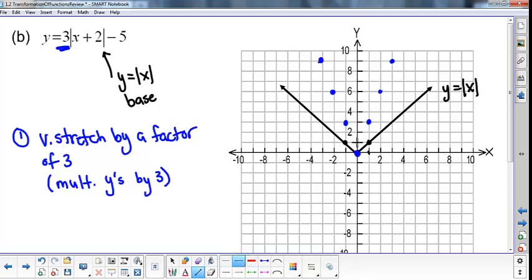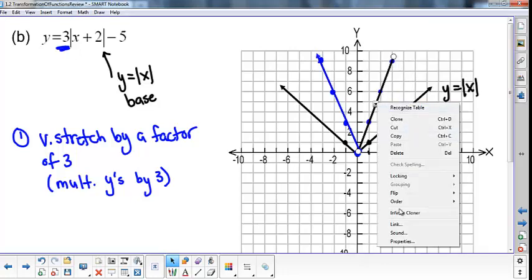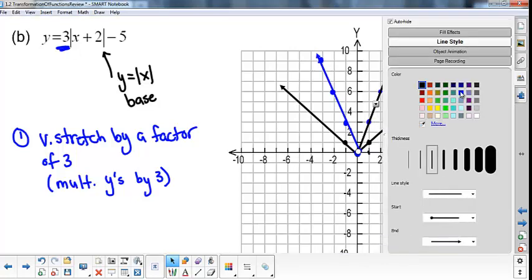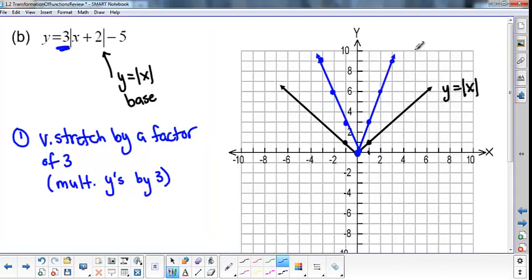So we just connect the dots. And maybe change the color of the lines. And don't forget to label. So this would be y equals 3 times the absolute value of x.